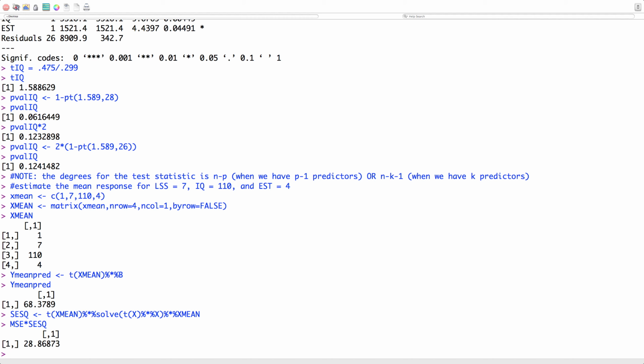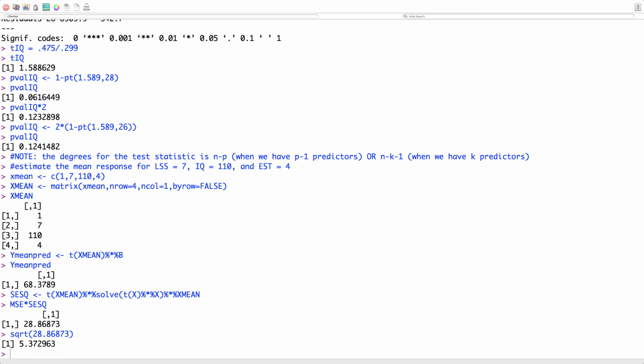So the standard error squared is going to be 28.87. So if I take the square root of this, I get 5.371.